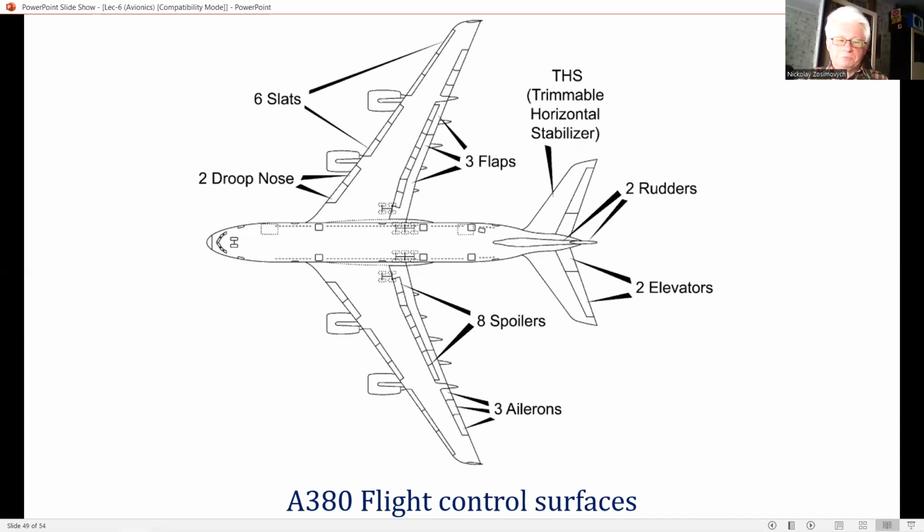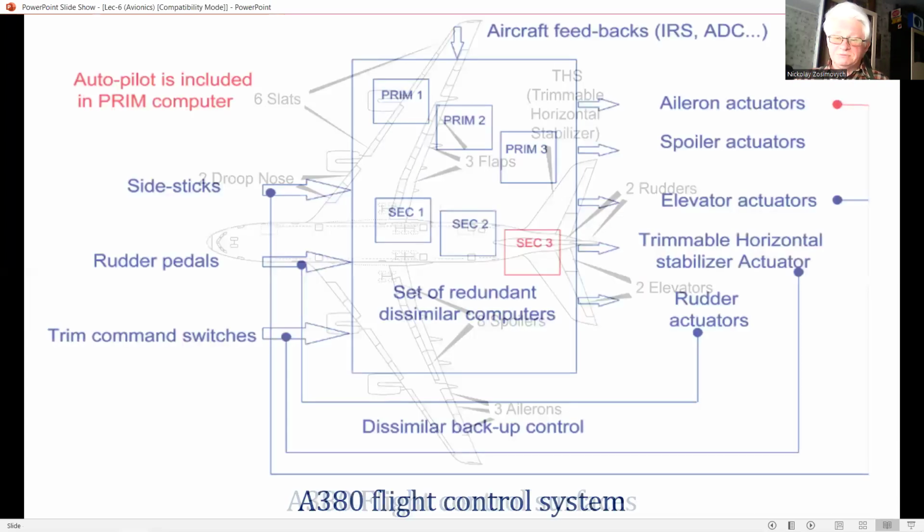Yaw control is provided by two rudders. A brief overview of the A380 flight control system is given to show the very extensive use of dissimilar redundancy and the ability to absorb failures.